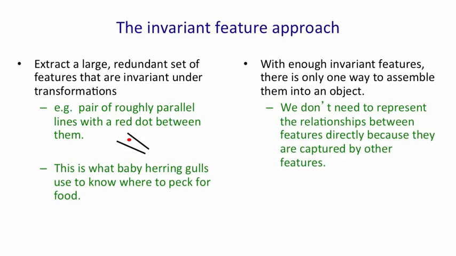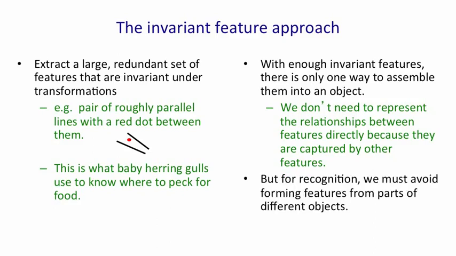It's been pointed out in vision by Shimon Ullman, and it's a sort of cute point that all we need is a big bag of features, because with overlapping and redundant features, one feature will tell you how two other features are related. Unfortunately, if you're doing recognition, you're going to get a whole bunch of features that are composed of parts of different objects, and they'll be very misleading for recognition. So you'd like to avoid forming features from parts of different objects.